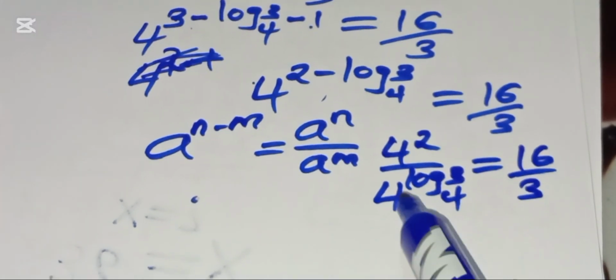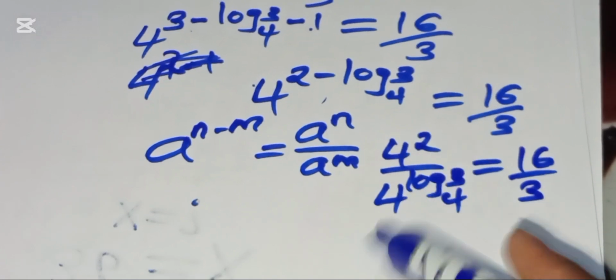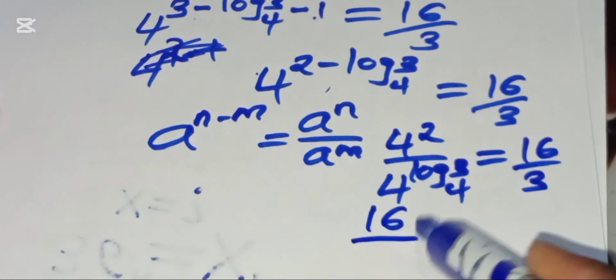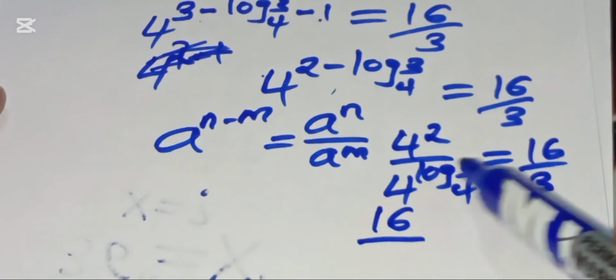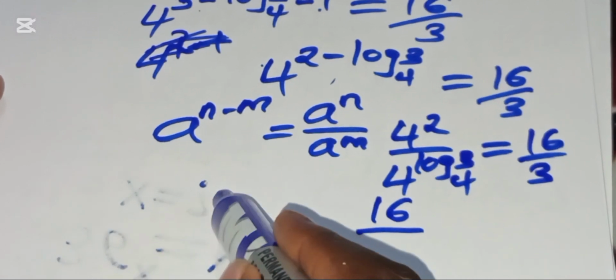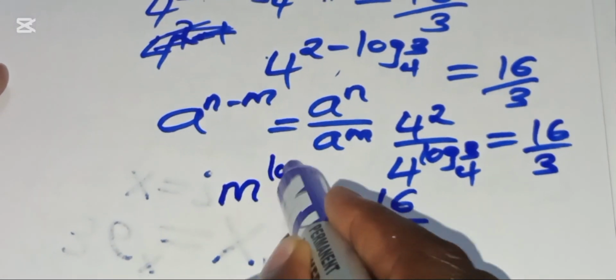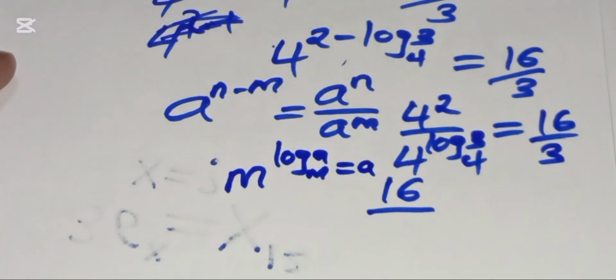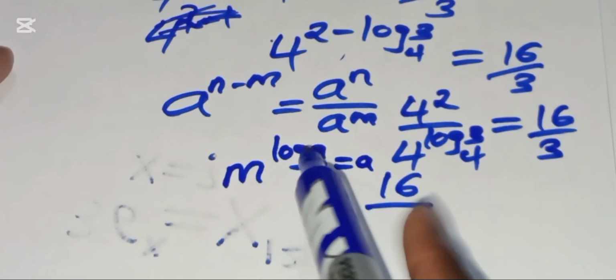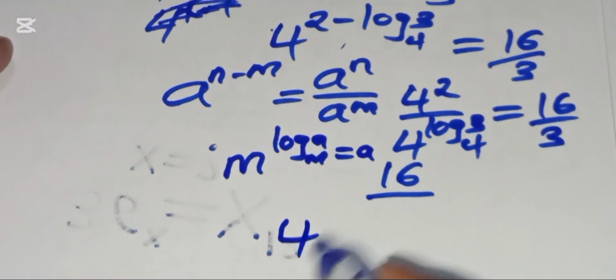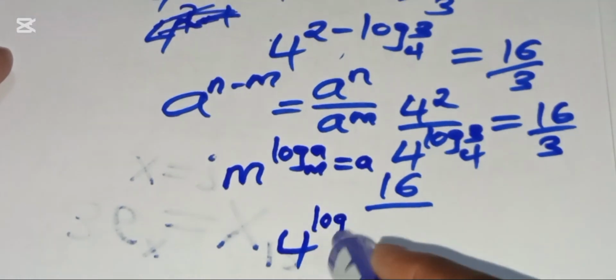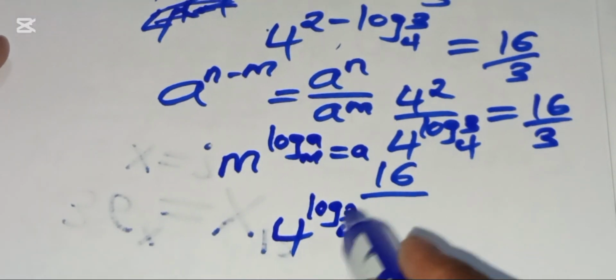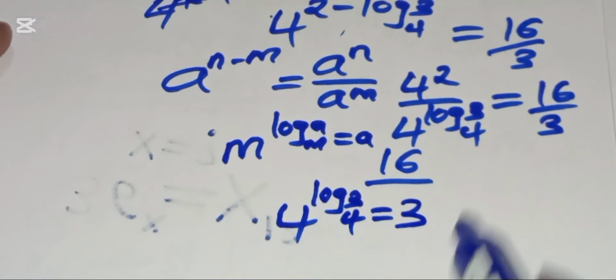Now 4 squared is equal to 16, divided by 4 raised to the power log 3 to base 4. This is in the form of m raised to the power log a to base m, which is basically equal to a. So 4 raised to the power log 3 to base 4 is basically equal to 3.